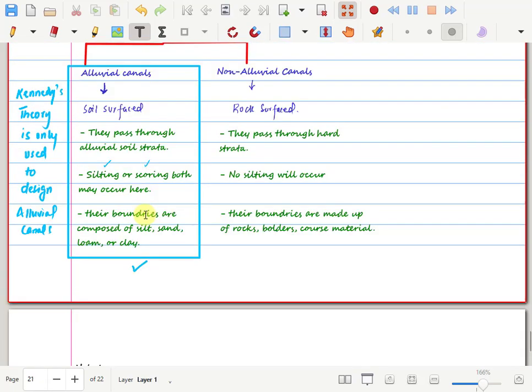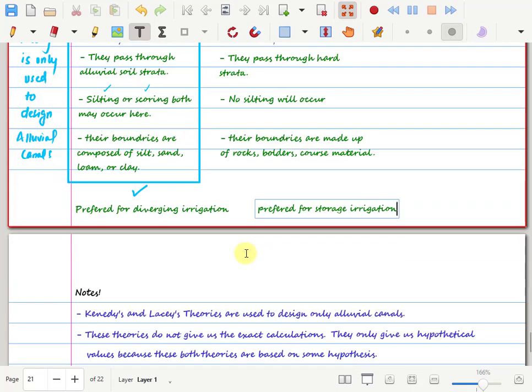So one important point we have missed here is that alluvial canals are preferred for diverging irrigation, and non-alluvial are preferred for storage irrigation.